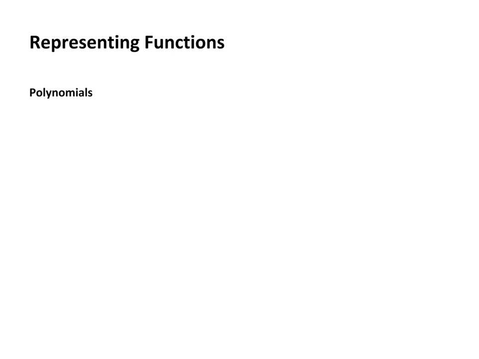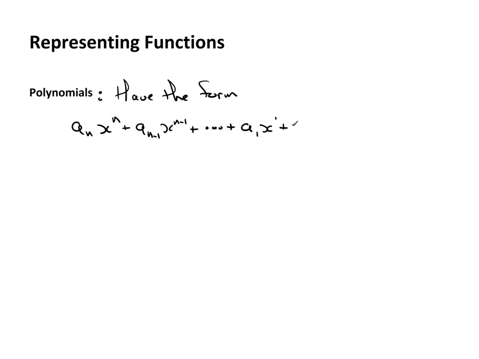Let's do a quick review of polynomials. Polynomials have the form a sub n x to the n plus a sub n minus 1 x to the n minus 1 plus yada yada yada plus a1 x to the first plus a naught.